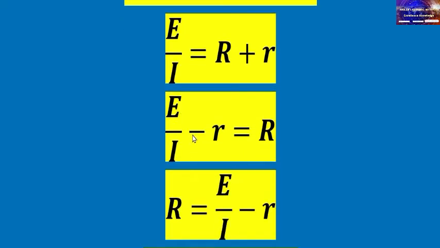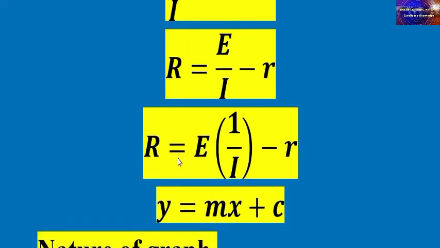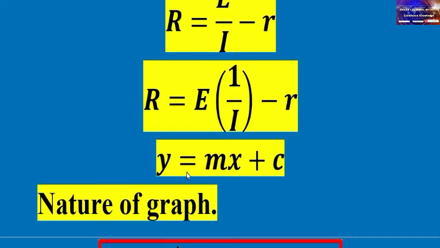E.M.F over current minus r is equal to R, that is the subject, and our equation is R is equal to E over I, or current, minus r. So in order to get the x-axis, 1 over current, the equation is this one, and the linear equation is y equals mx plus c. That is the nature of the graph. So that is the equation which represents the nature of the graph.